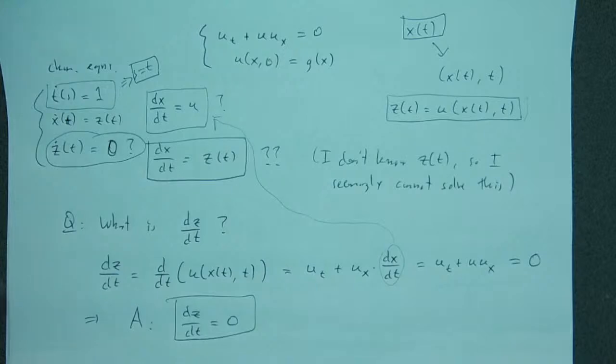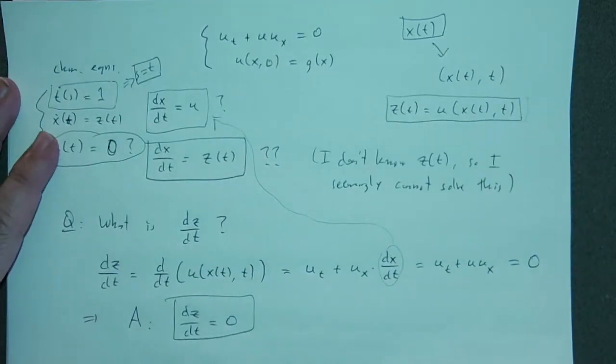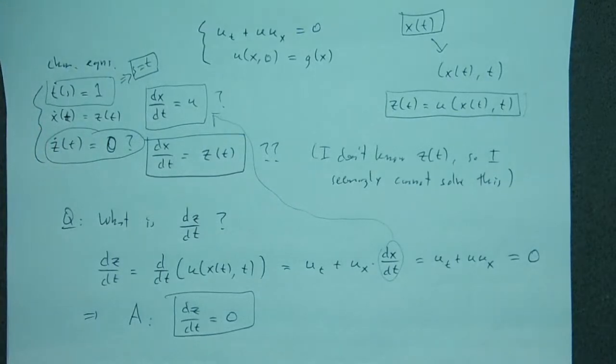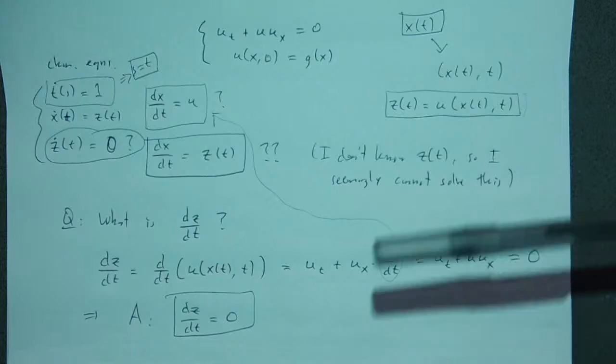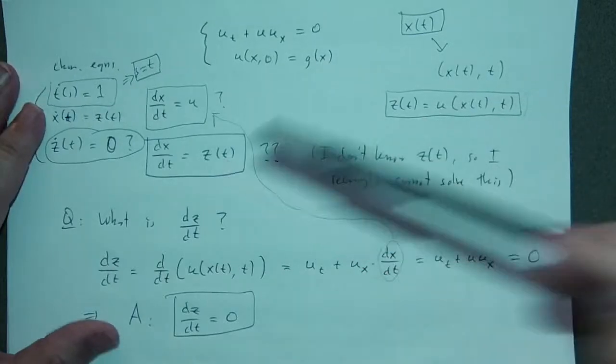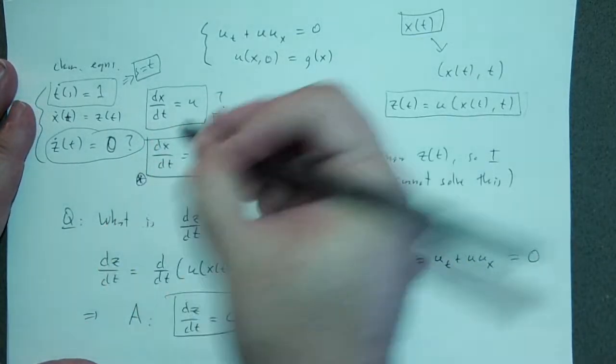So then what this means, if dz dt is equal to 0, is that along a characteristic that solves this ODE, we'll call this asterisk.